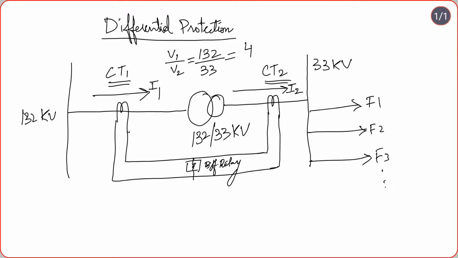Let us suppose we have CTs. CT1 has a CT ratio of 300 by 1 amperes, and CT2 on the 33 kV side will be 1200 by 1 ampere.